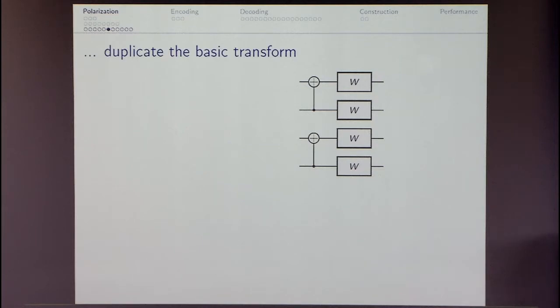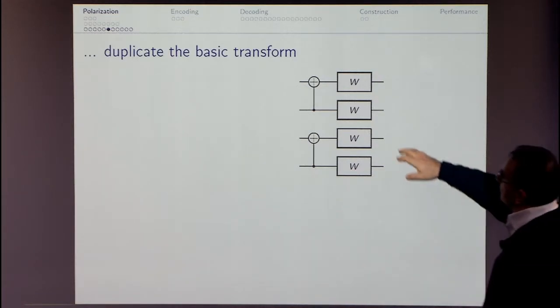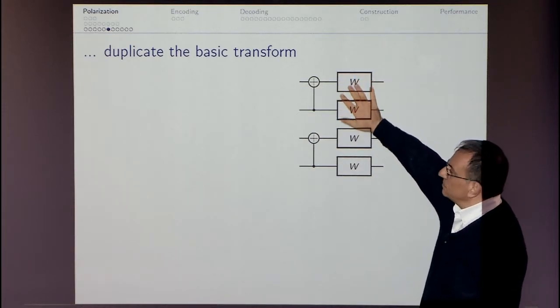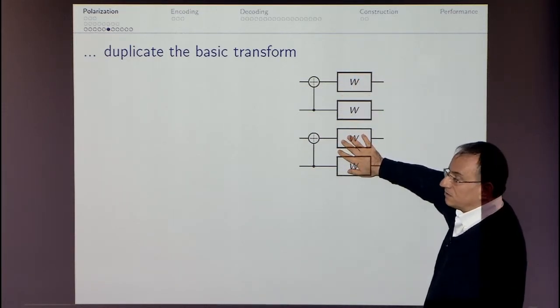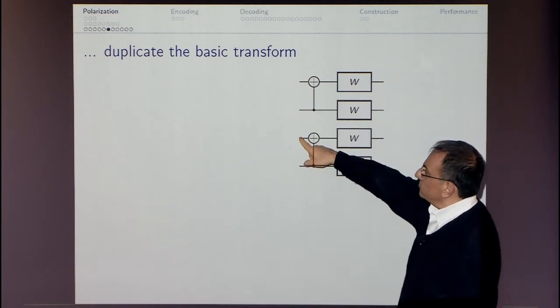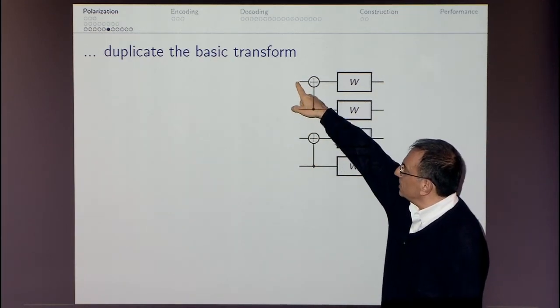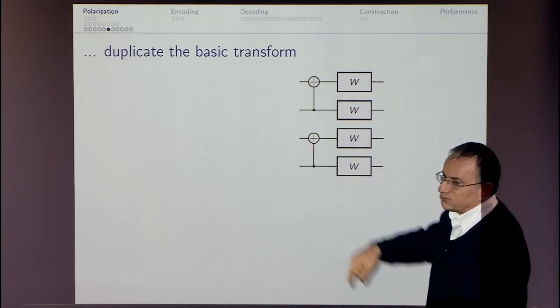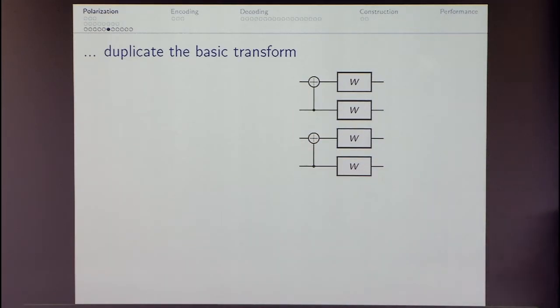So here is the size 4 construction. We have, this is the size 2 construction. We repeat it, okay? Now at these terminals we have W minus and W minus. W minus here and W minus here. What is the next step?